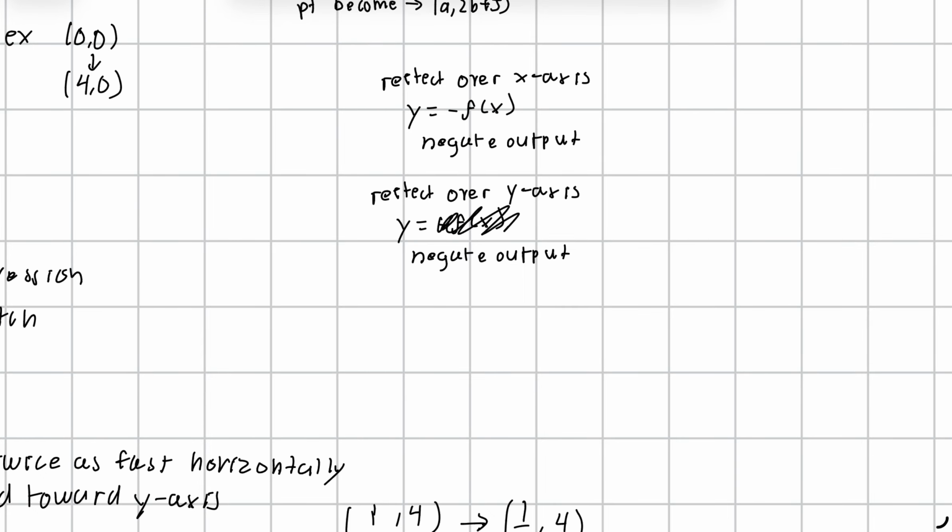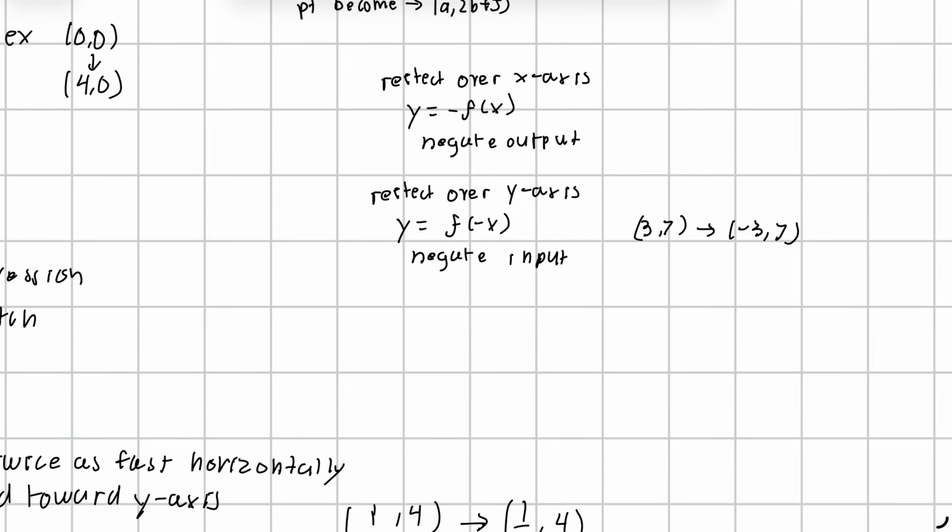That is, you have something on your input. That is going to negate your input. For example, y equals f(negative x). You have (3, 7), which is going to become (negative 3, 7).